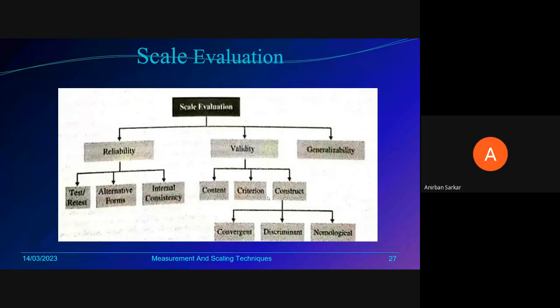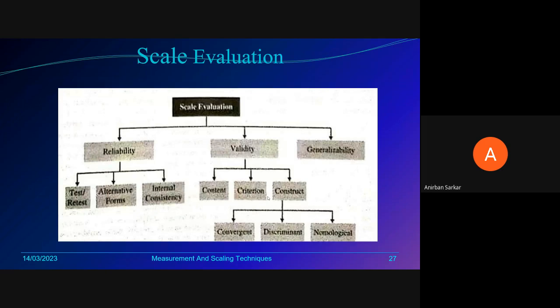Now we are coming to a very important part, which we are calling scale evaluation. We have discussed till now about scale. What is measurement? What is scale? Scale is an extension of measurement. We have understood comparative scale. We have understood non-comparative scale.